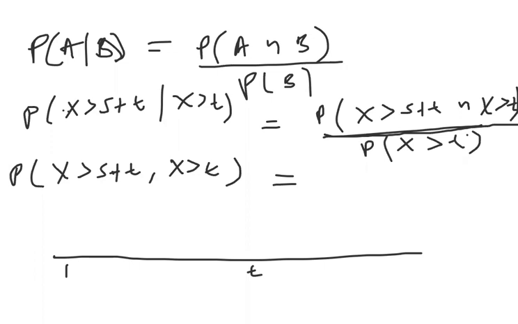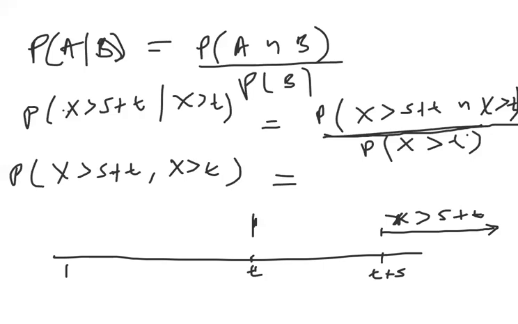If you're looking at the probability of X greater than s plus t, that means any value above this area. And if you're looking at the point where X is greater than t, that is also from this point upwards.